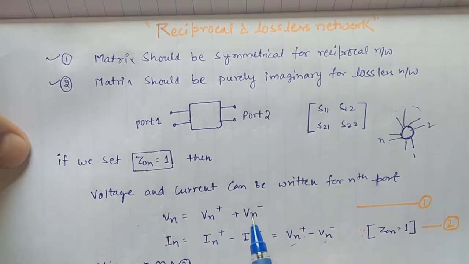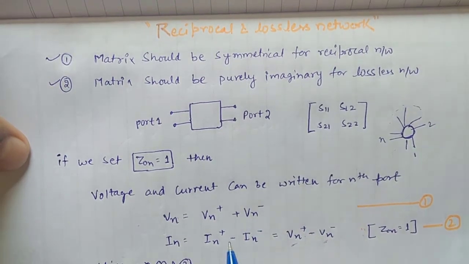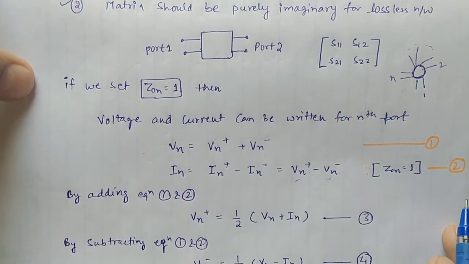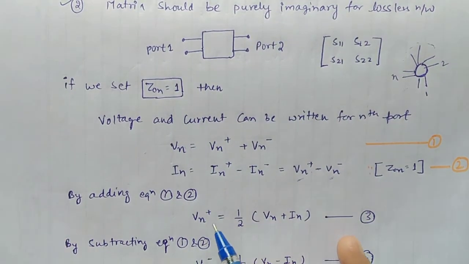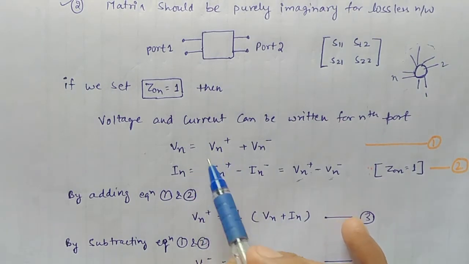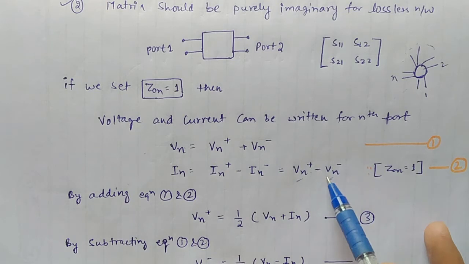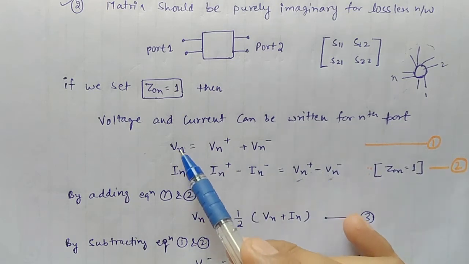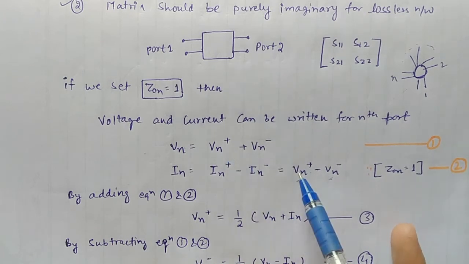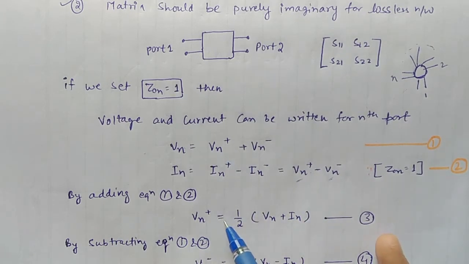If I define the voltage equation as equation 1 and the current equation as equation 2, then by adding these two equations, Vn minus and Vn minus will cancel out, and Vn plus and Vn plus will be 2 Vn plus. So you get Vn plus equals 1 by 2 (Vn plus In).